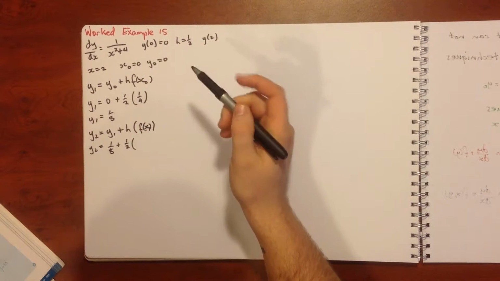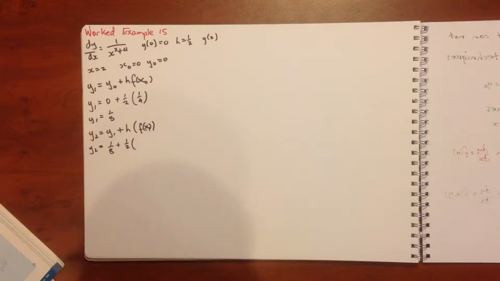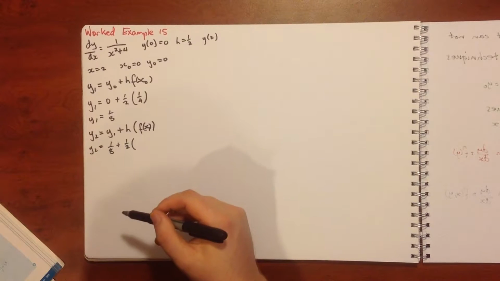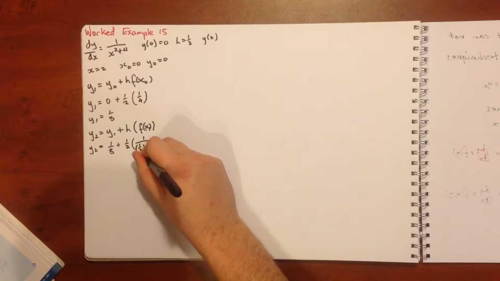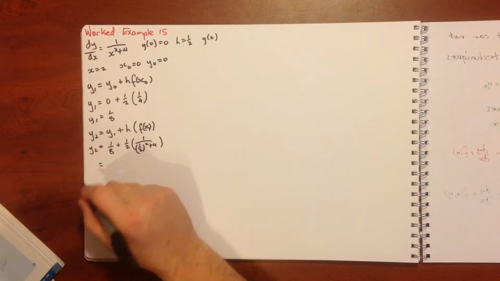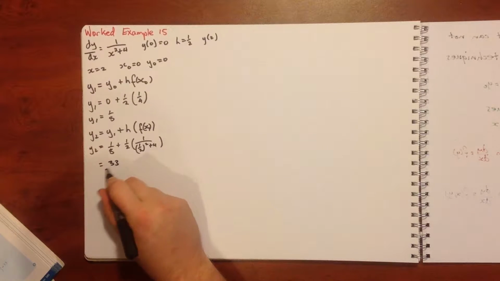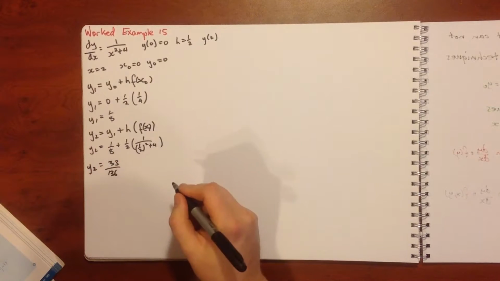Now x1 is going to be a half, because we keep going up in step sizes of a half, so we put a half into our equation: 1 over a half squared plus 4. When we do this, we get a value of 33 on 136, and that's our y2.